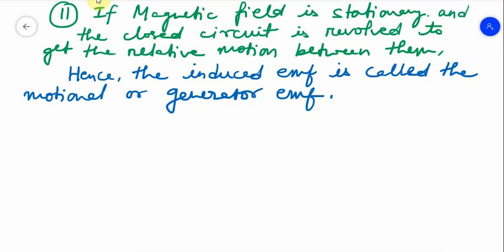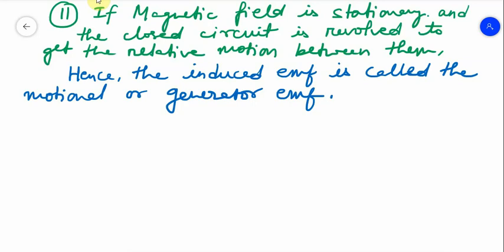So the principle of all the machines has been derived from this Faraday's law. In the first case we had seen that we got the transformer EMF by rate of change of flux. Here the magnetic field is stationary, but the coil is rotated or revolved, and due to the relative motion between them, induced EMF is obtained, and that is called the motional or generator EMF. Okay, so that we will see now.